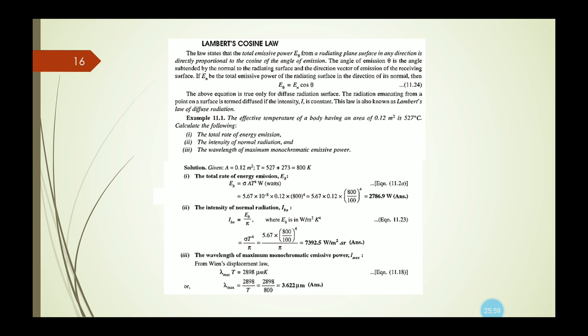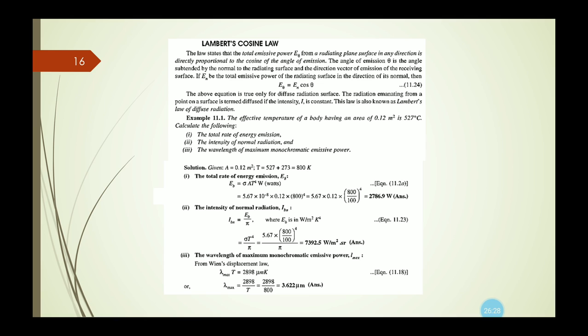Next we can see Lambert's cosine law. The statement of this law is that the total emissive power E theta from a radiating plane surface in any direction is directly proportional to the cosine of the angle of emission. The angle of emission theta is the angle subtended by the normal to the radiating surface and the direction vector of emission of the receiving surface.